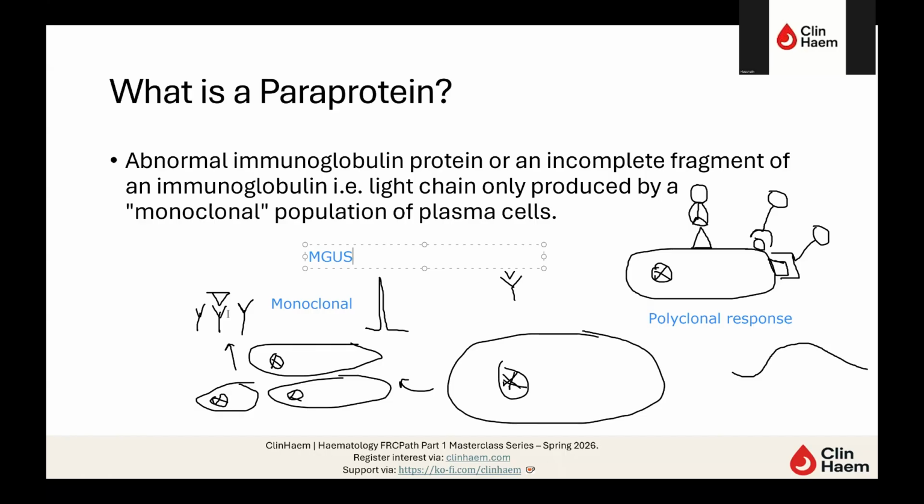If they deposit in different organs, that would be monoclonal immune deposition disease. If they deposit in a misfolded fashion, that would be amyloid. But if they deposit without misfolding, then that would be monoclonal immunoglobulin deposition disease. I'll show you in detail at the end what I mean.